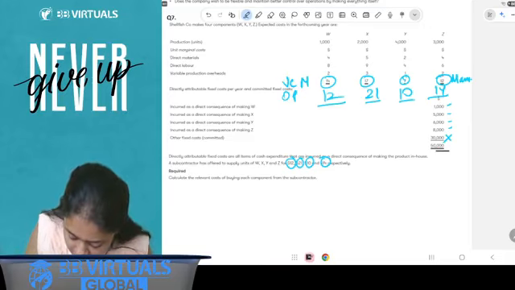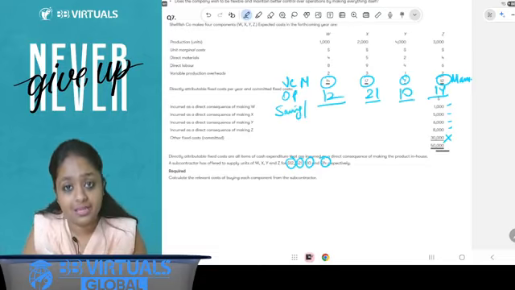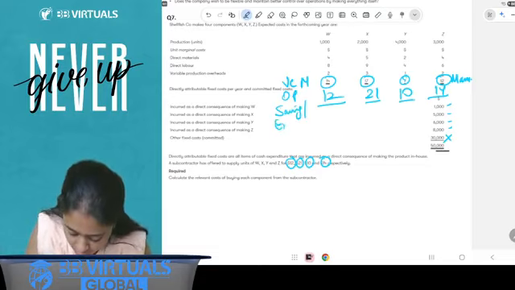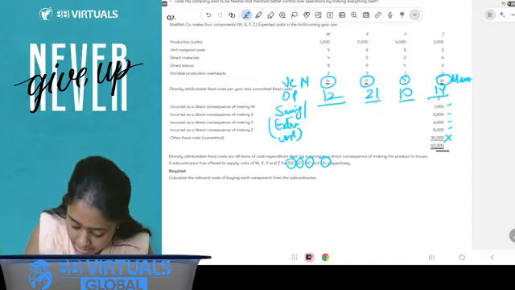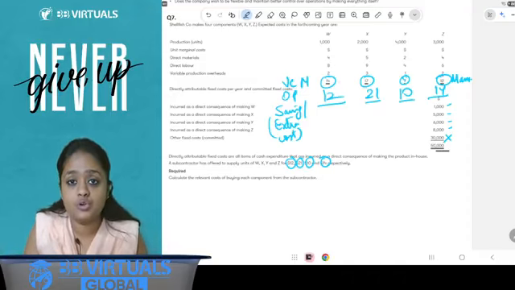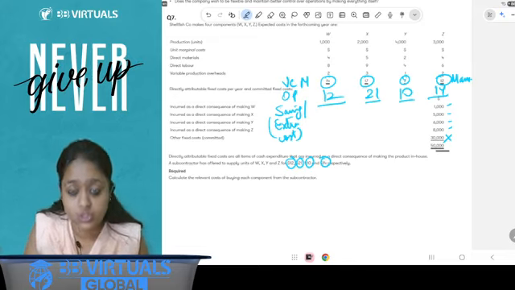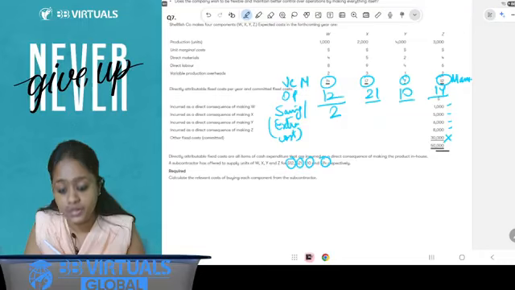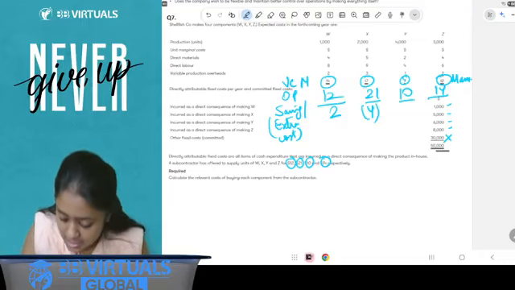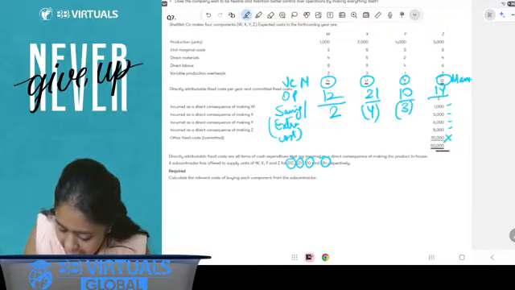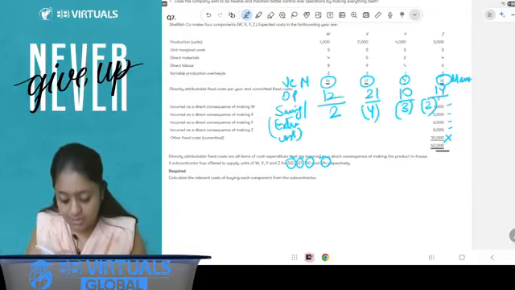Remember, savings will always be represented by positive and extra cost will be represented by negative. From the outsourcing point of view, here my variable cost is 12, outsourcing 10, so we are having a saving of 2 per unit. Here 4 per unit is the extra cost. Here 7 minus 10, 3 is the extra cost. Here 12 minus 14, 2 is the extra cost.